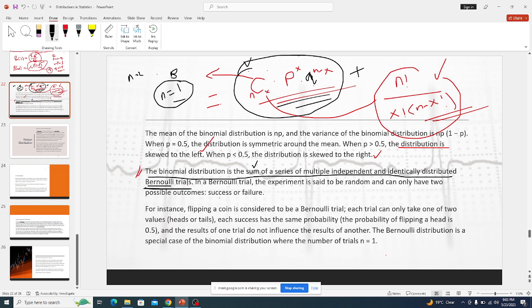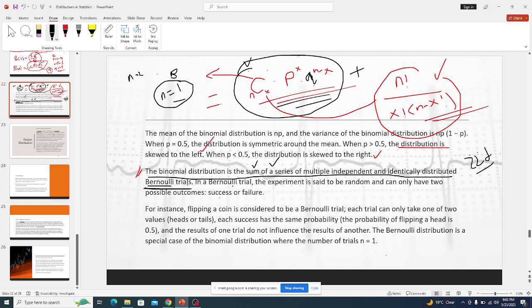So that's why we are saying binomial distribution is the sum of a series of multiple independent and identically distributed binary trials, that is IID, independent and identically distributed.